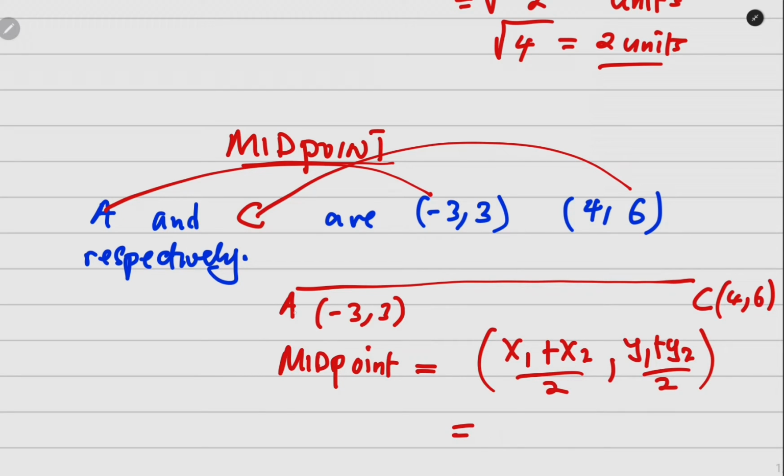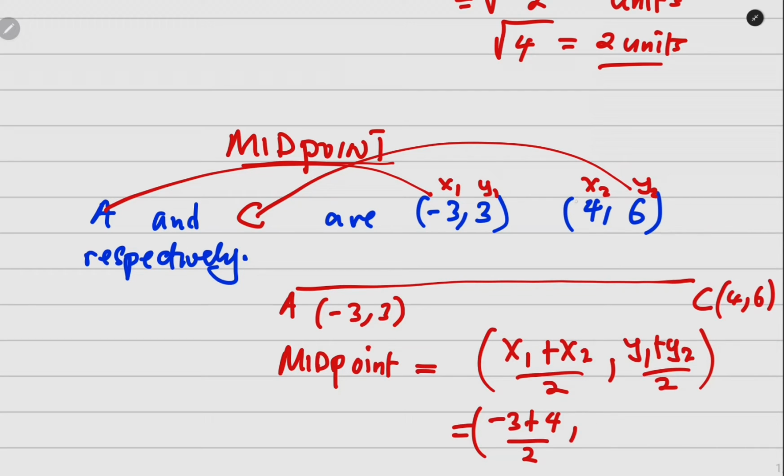So in order to find the midpoint of A, C, we are going to put up this. So this is x1, y1, which means this is x2, this is y2. So x1 is negative 3, then plus x2 is 4, divided 2.